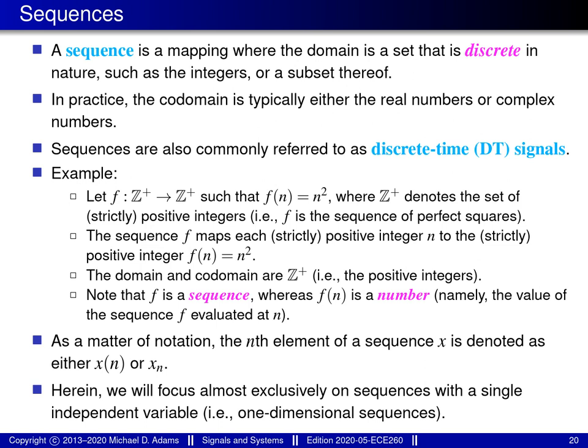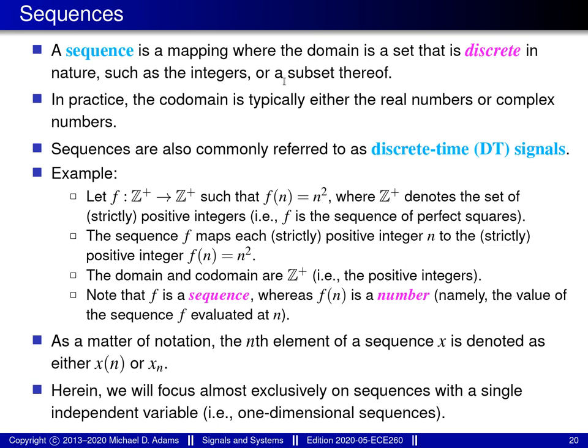Now I'm sure anyone watching this video is already quite well acquainted with the concept of a sequence. Nevertheless, it's still quite helpful to go through and formalize some of the terminology and notation that relates to sequences. So first of all, a sequence is a mapping where the domain is a set that's discrete in nature, such as the integers or a subset of the integers.